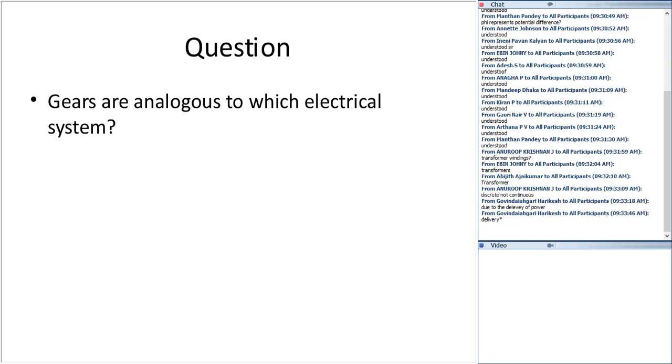I'm getting a few responses, but they are not entirely correct. Think about this and then tell me. Ayush Dilip, may I know what you didn't understand?